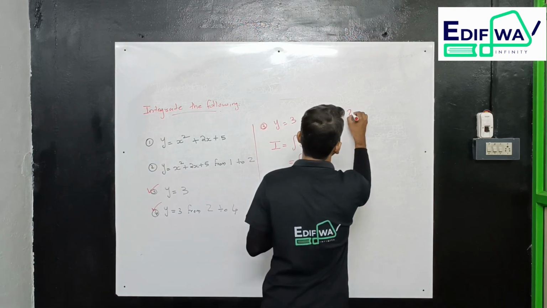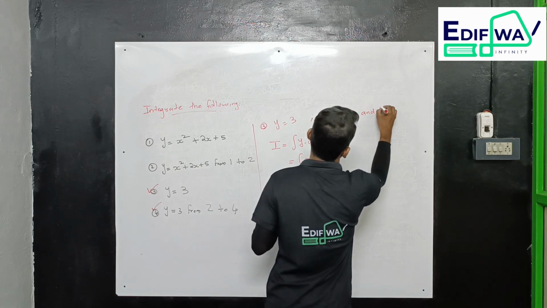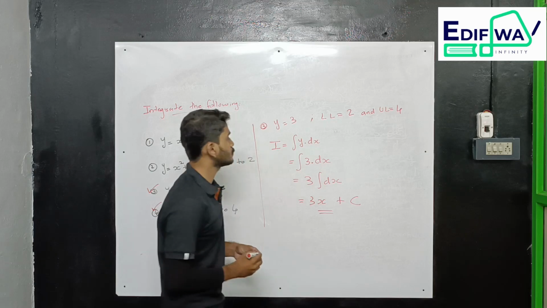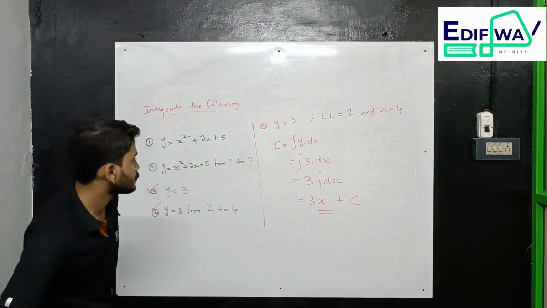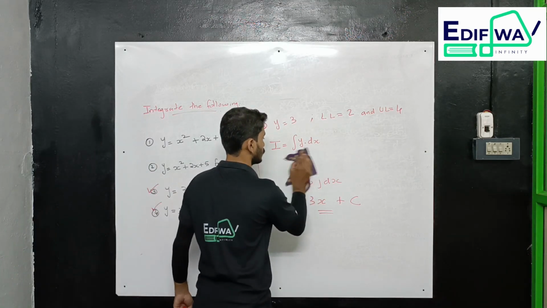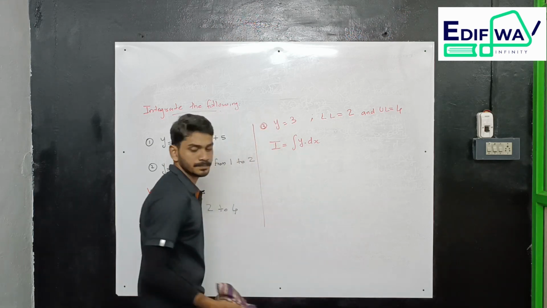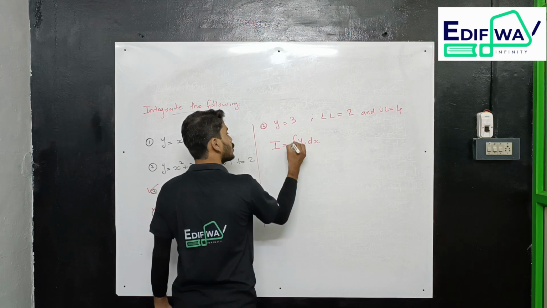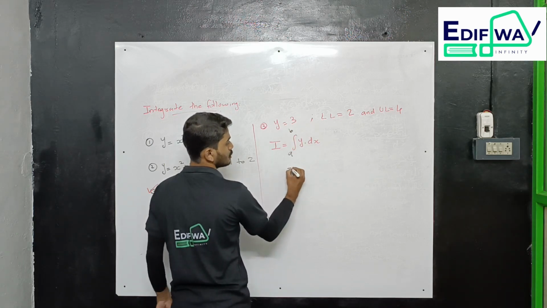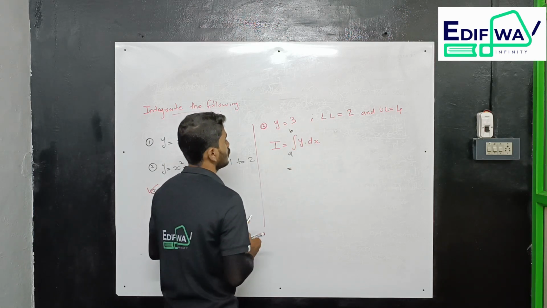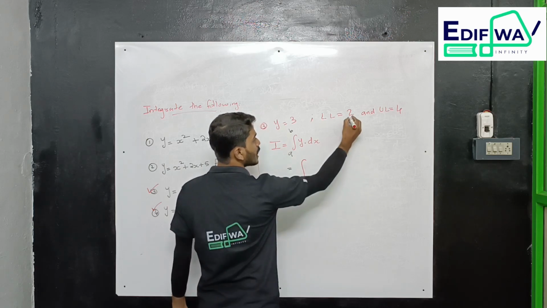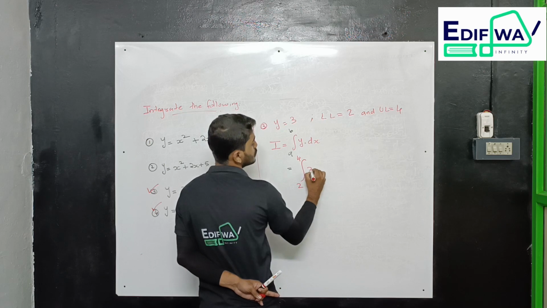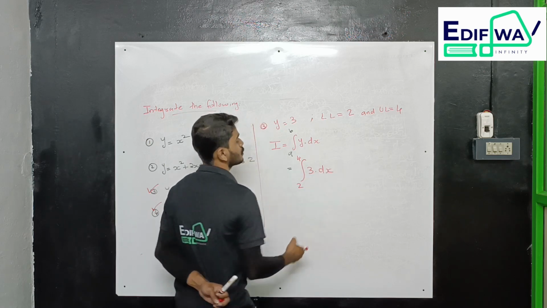So let's erase these things so that it becomes a to b. So let's start. Integral, your a value is 2, your b value is 4, 3 dx.